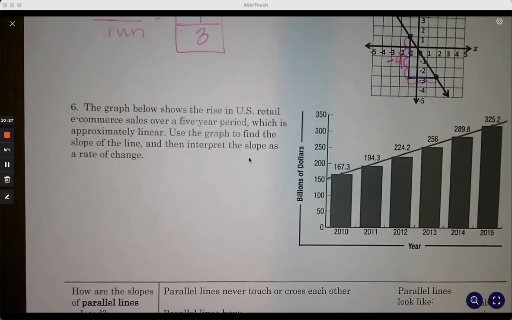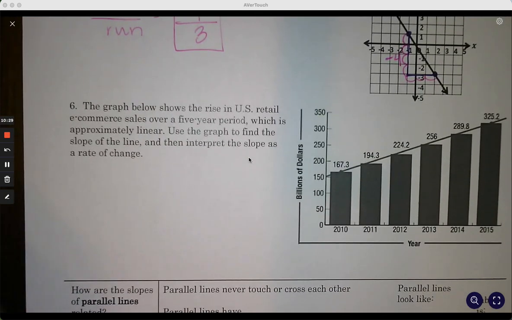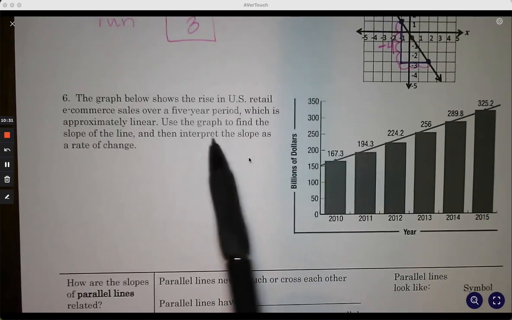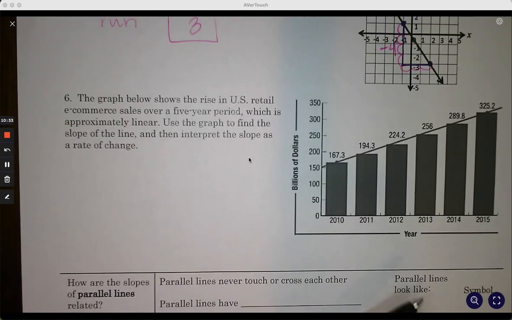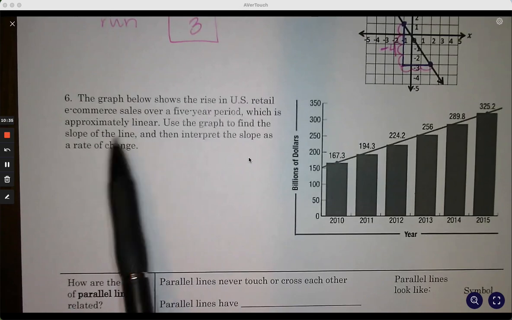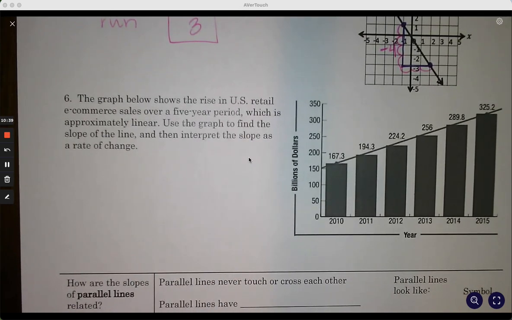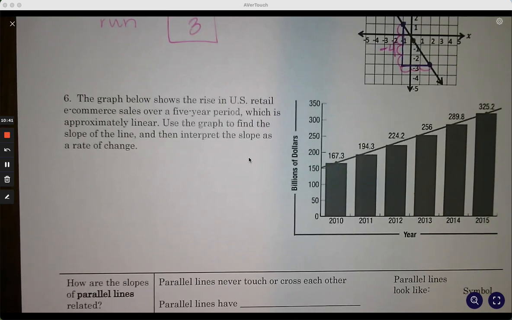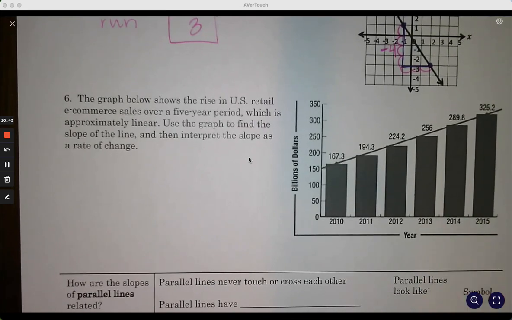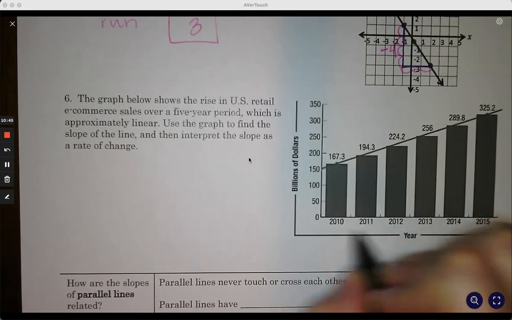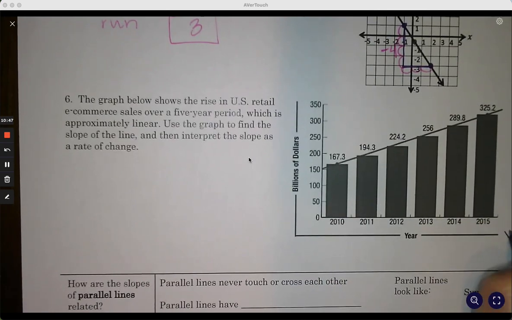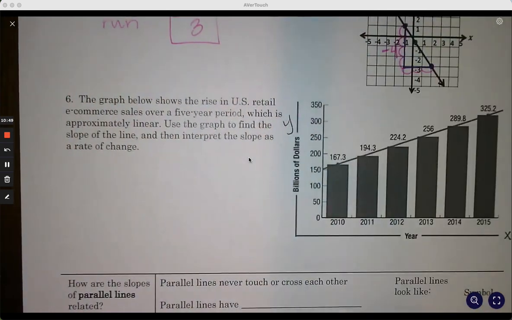The graph below shows the rise in U.S. retail e-commerce sales over a 5-year period, which is approximately linear. Use the graph to find the slope of the line, then interpret the slope as a rate of change. The easiest thing to see is going to be our x values, because x is always on the bottom, y always goes up and down.